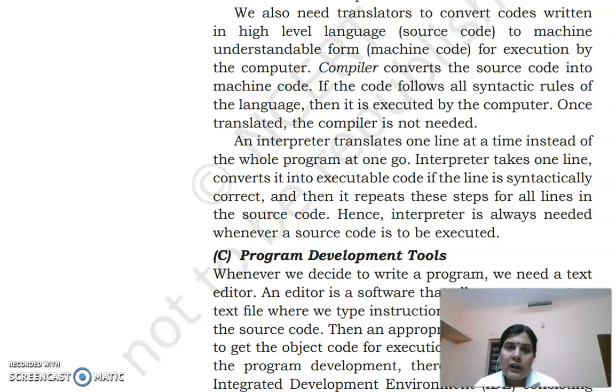That means the whole program is converted into machine language. But in the case of an interpreter, line by line translation takes place. That means instead of the whole program, a single line is converted to object code, and errors are checked at the same time. If the first line is correct, the next line will be converted, and so on.